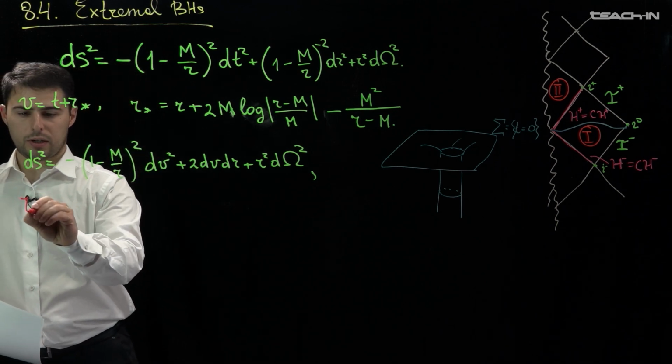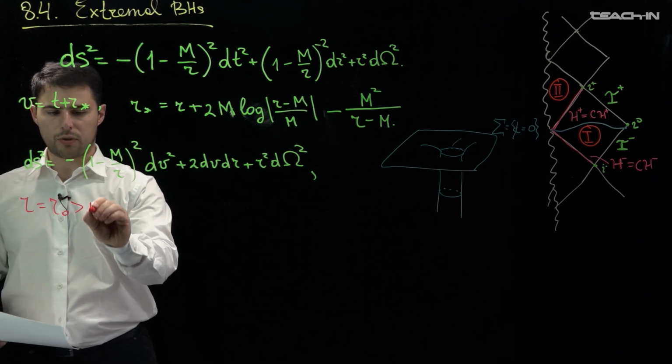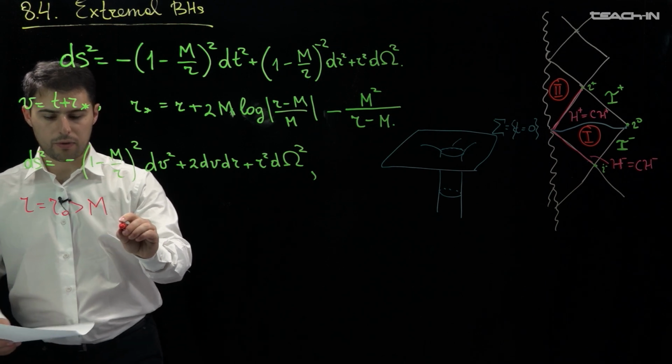Let the line start at some r0, which is greater than the horizon radius.